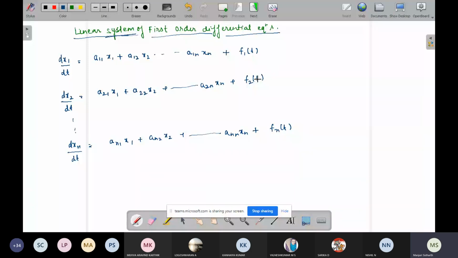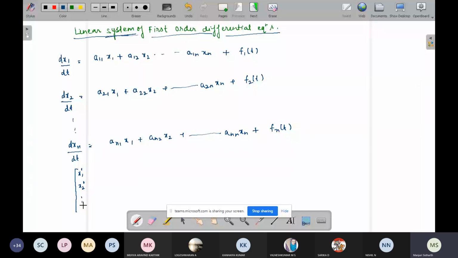For each system of first order differential equations you can always write the corresponding matrix form. So I simply write x1 dash, x2 dash, up to xn dash, where dash means the derivative with respect to t.